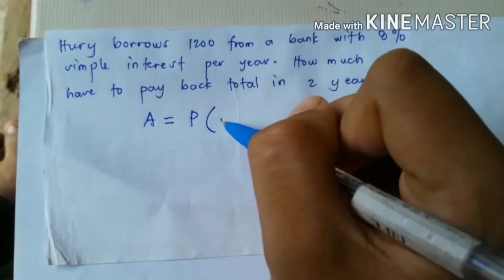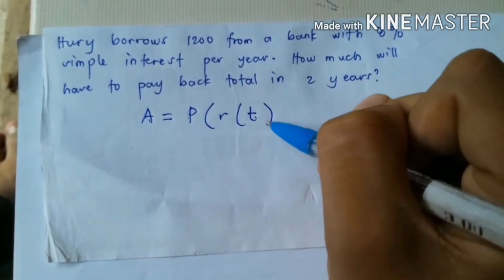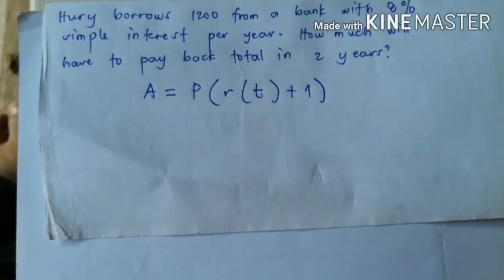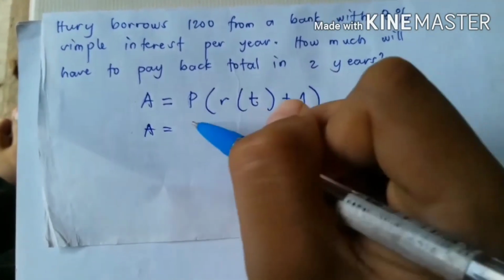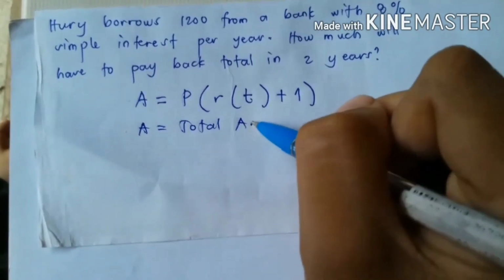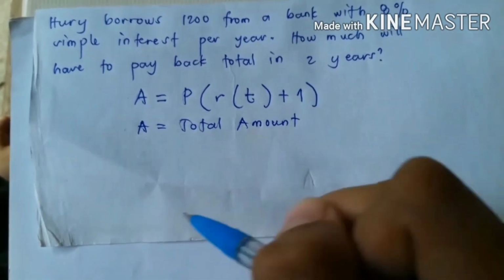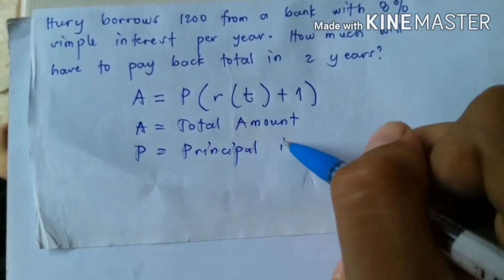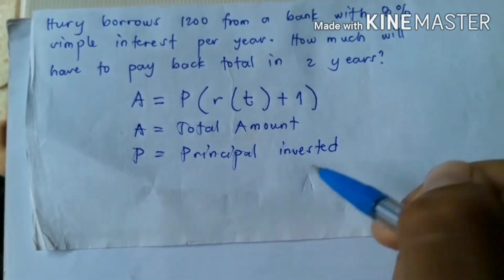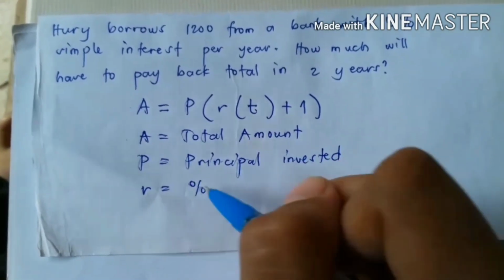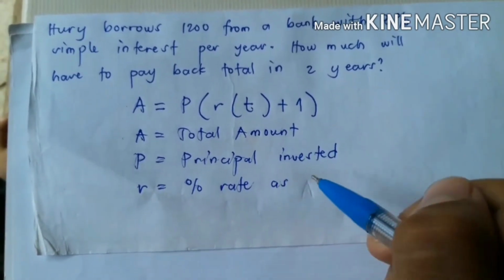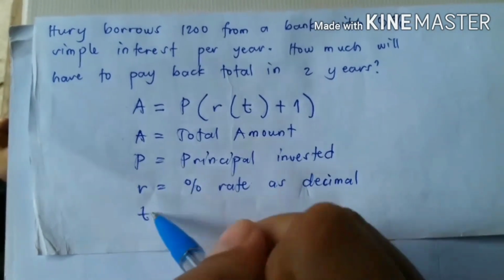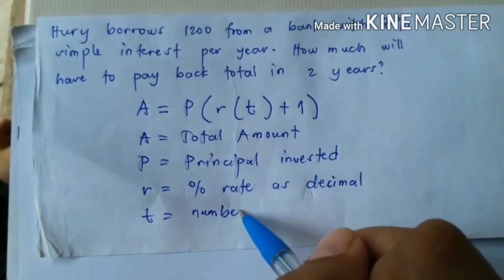Formula: A equals P times (R times T plus 1), where A is equal to total amount, P is equal to principal invested, R is equal to percent rate as decimal, T is equal to number of years.